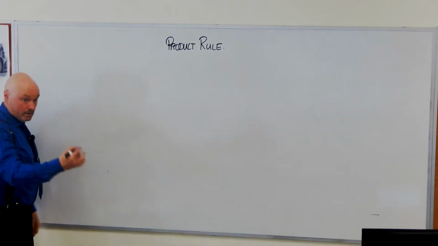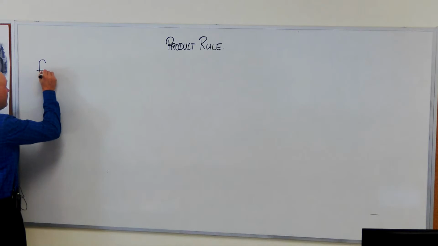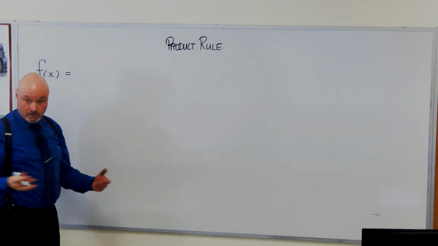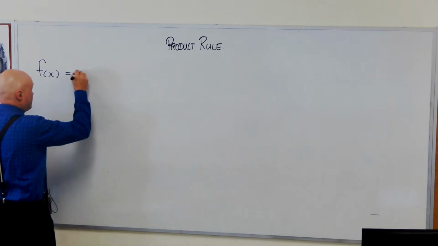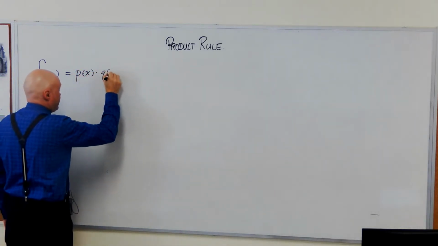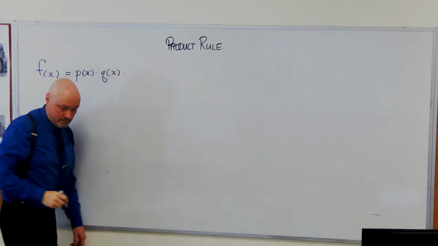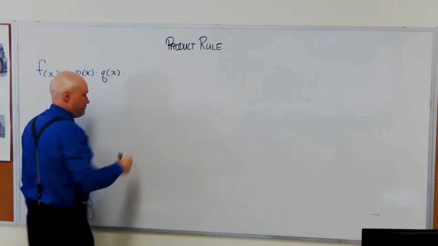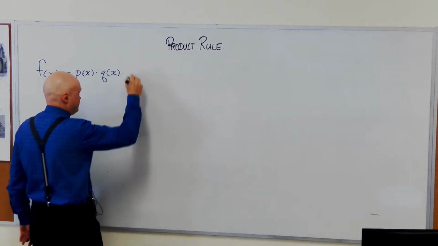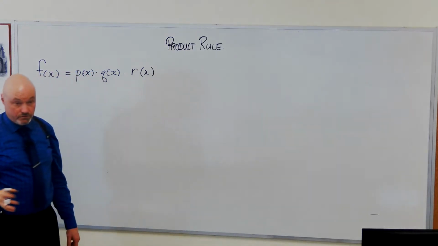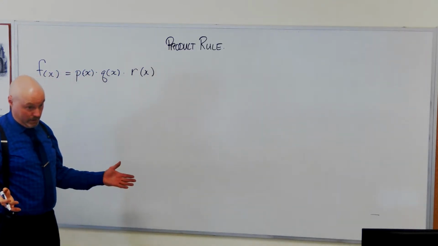So I have a function, f of x, and that is equal to 3 other functions, p of x and q of x, and, let's call this one r, so p, q, r at x. They're all functions of x, and we're just going to assume that they're differentiable everywhere.